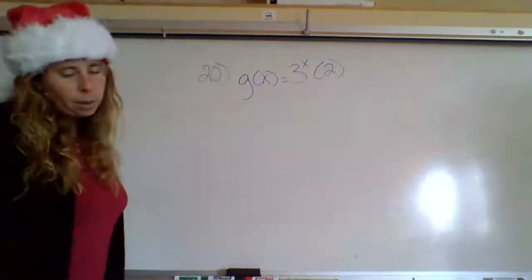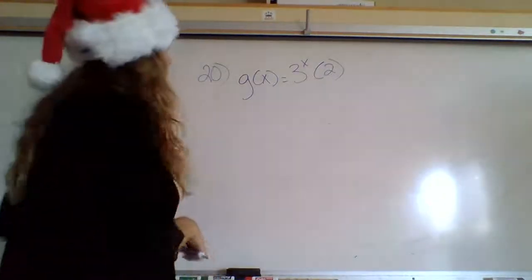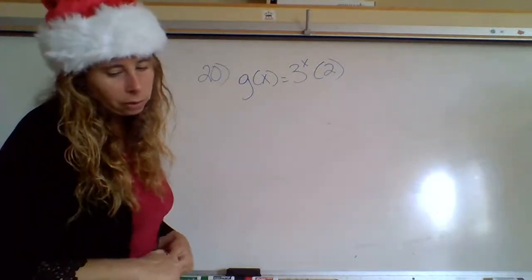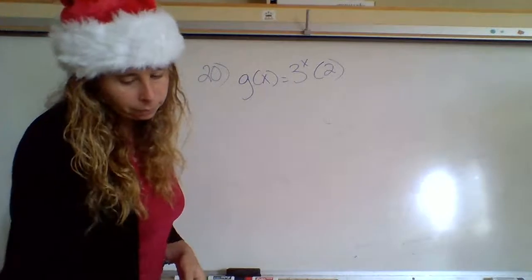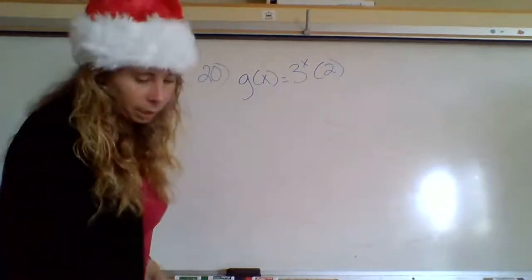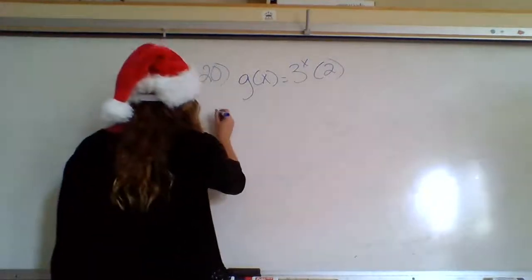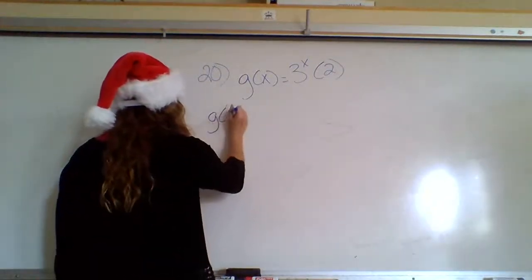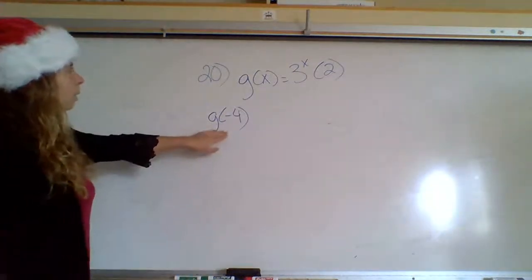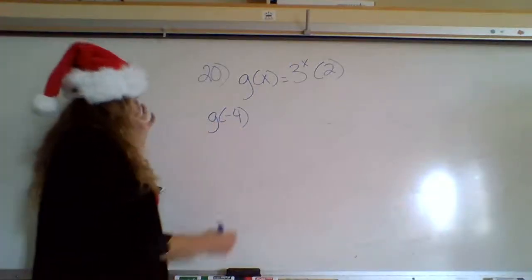The last part of your homework, the actual Go problems, 19 through 24. Find the desired values for each function below. So I wrote down 20, g of negative 4. So they want us to find g of negative 4. Okay, so whatever is inside your parenthesis, that's what x is.